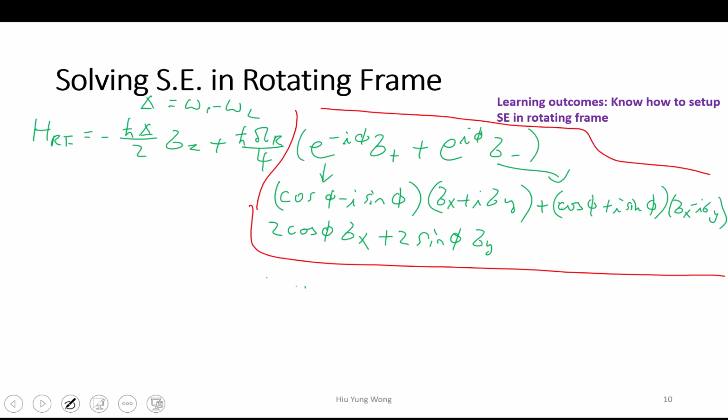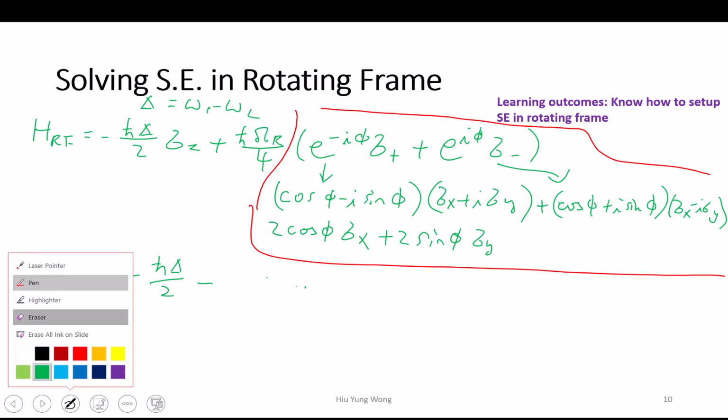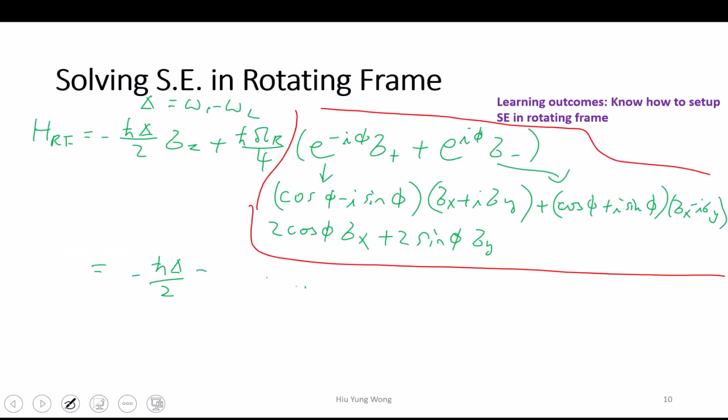So eventually, you get the Hamiltonian to be negative h bar delta divided by 2 sigma z plus h bar omega r, but I have 2, right? So this is divided by 4 because I have 2 here, times cosine phi sigma x plus sine phi sigma y.